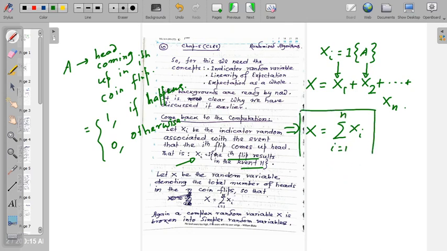As I told you, this is the form we should be utilizing. So try to think of what is happening. First coin flip, and I associate an indicator random variable with it, counting whether the first coin flip gives a head. Then the second coin flip, then the third, then the fourth, up to Xn, whatever n we have, and we sum it up. That means for all n coin flips, how many heads we will have, and we denote that by this X.